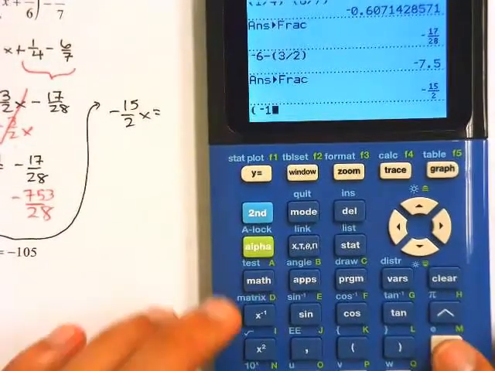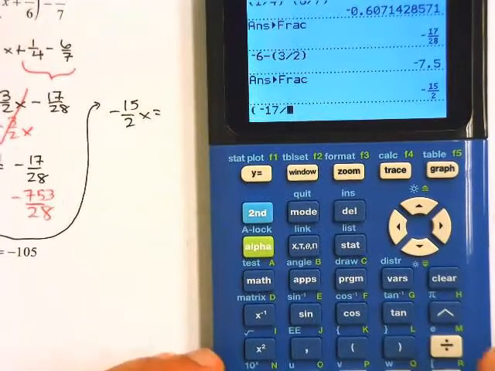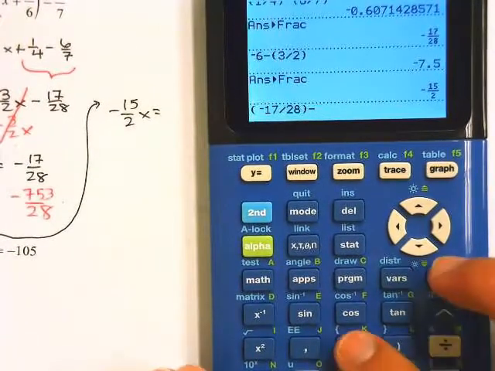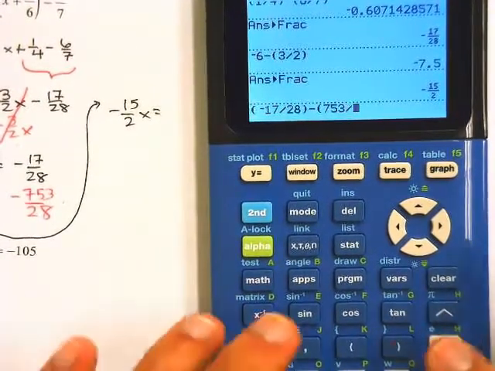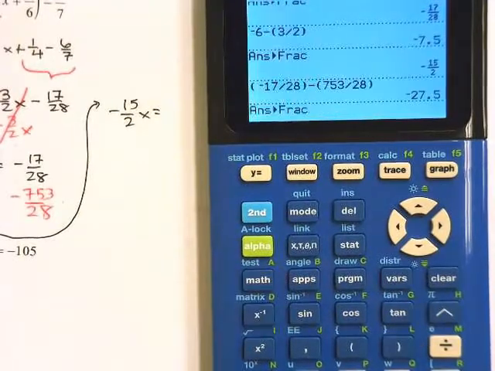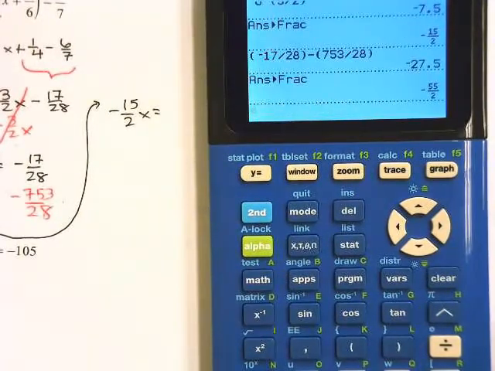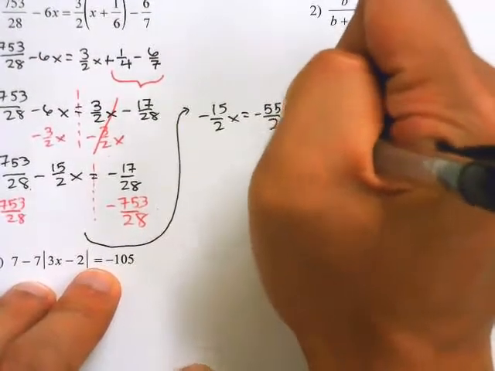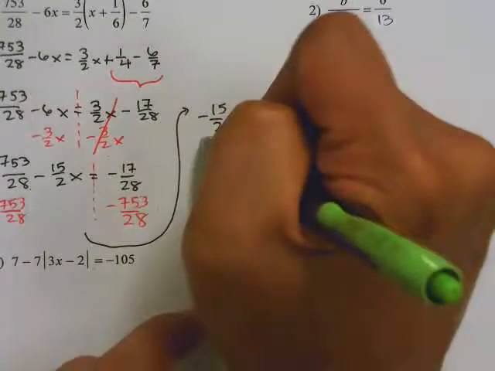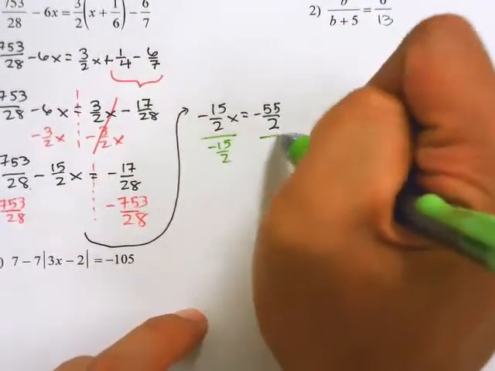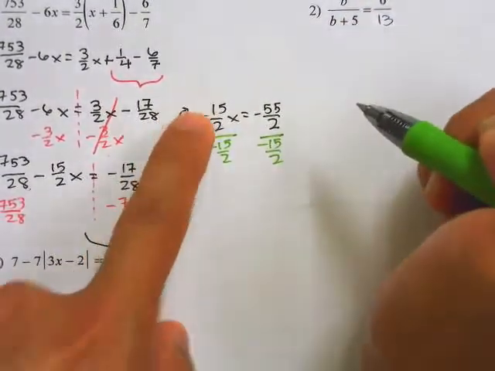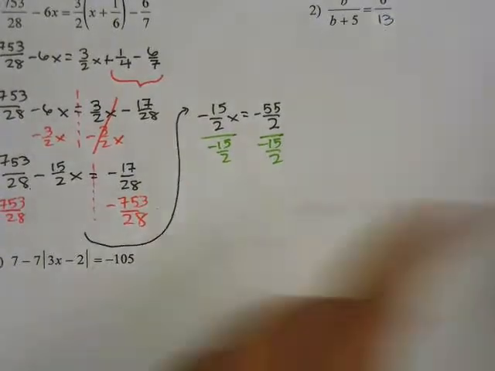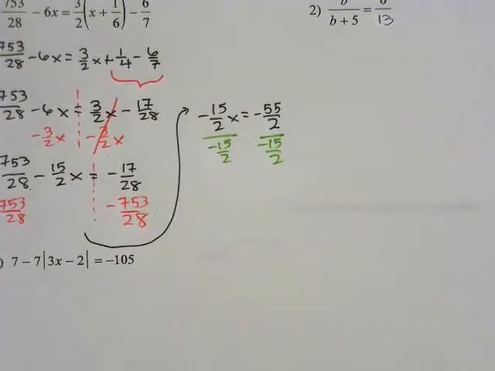Parentheses negative 17 over 28, close parentheses, minus parentheses 753 over 28, close parentheses, change that. Negative 55 over 2. Then we're going to divide both sides by negative 15 over 2, or multiply by its reciprocal, negative 2 over 15, on both sides. They are the same thing.